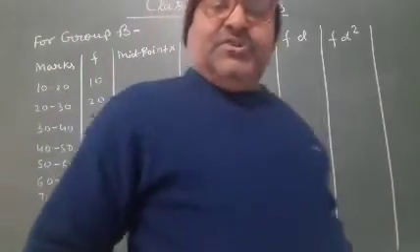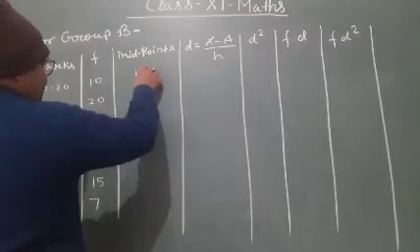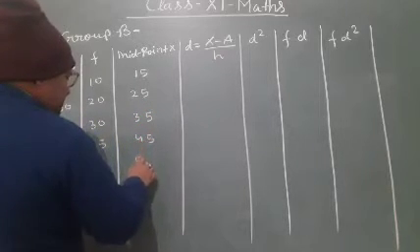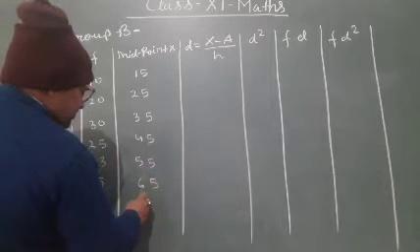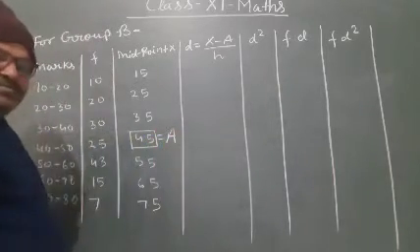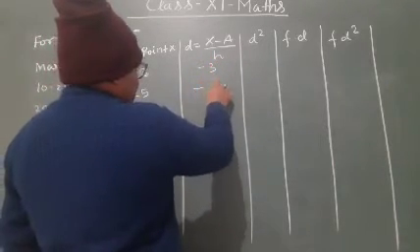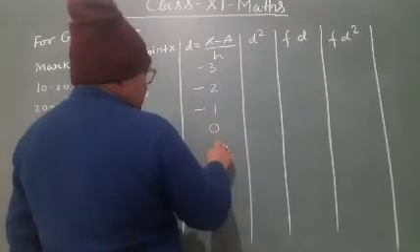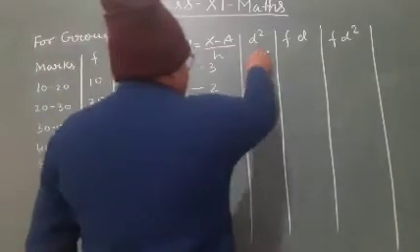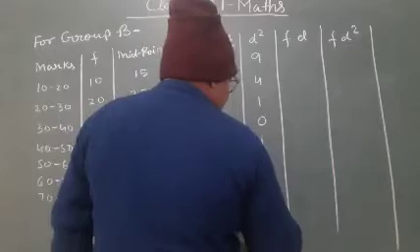Then we find the midpoint of the class interval: 15, 25, 35, 45, 55, 65, and 75. 55 is the assumed mean, and d equal to -3, -2, -1, 0, 1, 2, and 3. So d square is 9, 4, 1, 0, 1, 4, and 9.